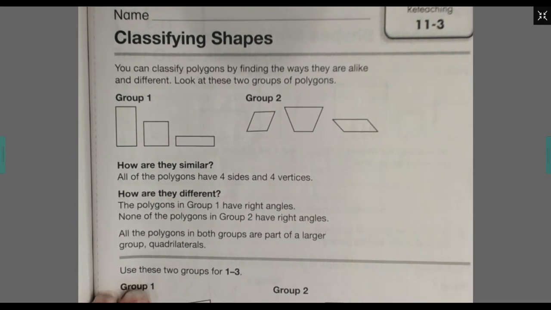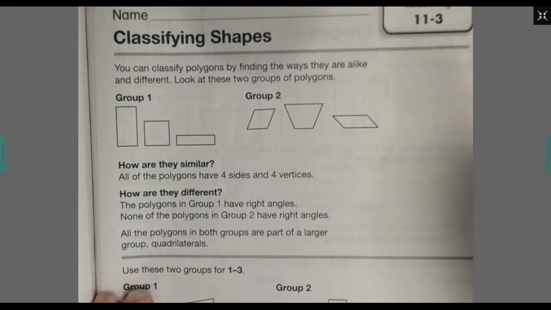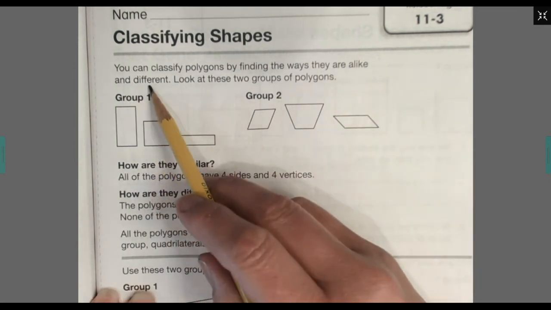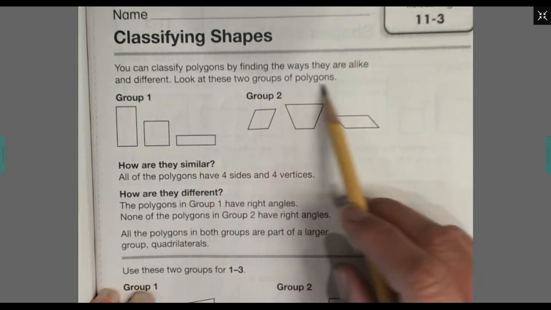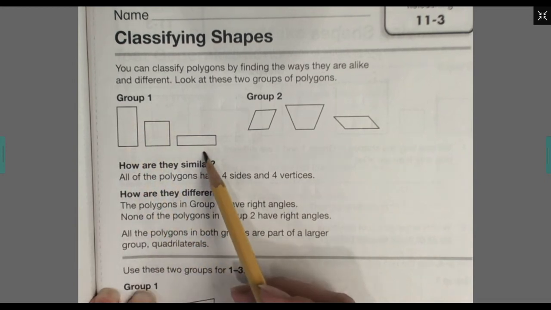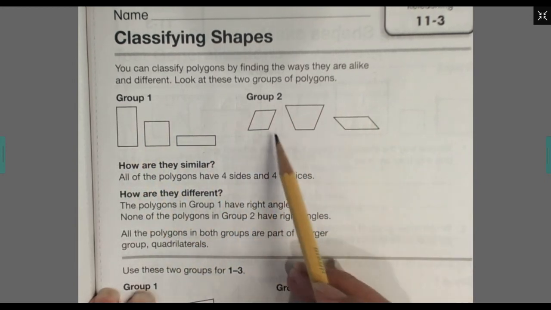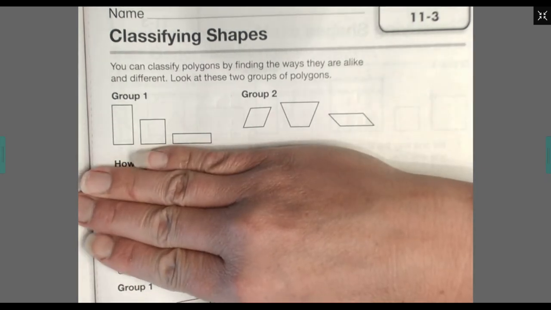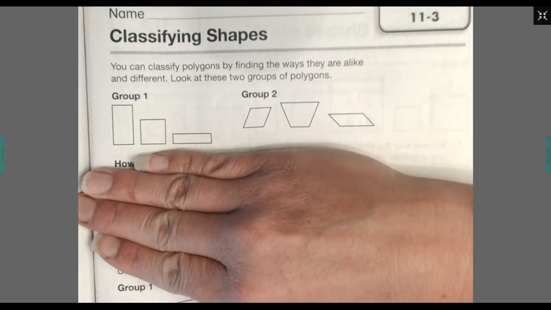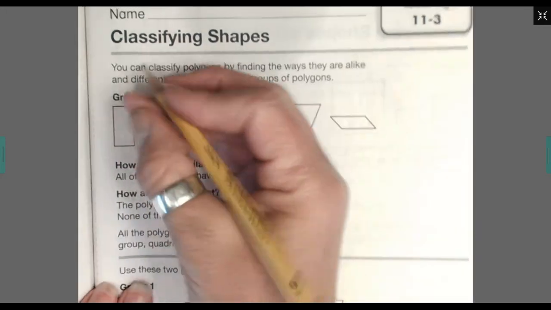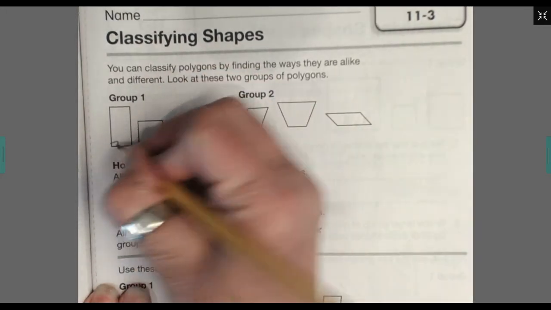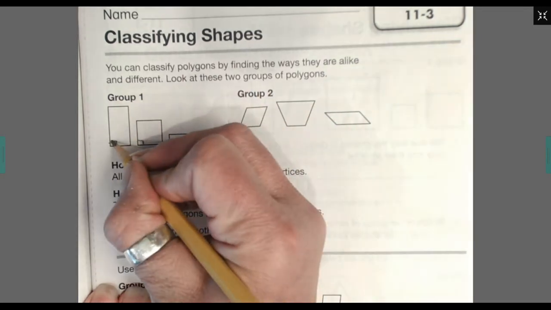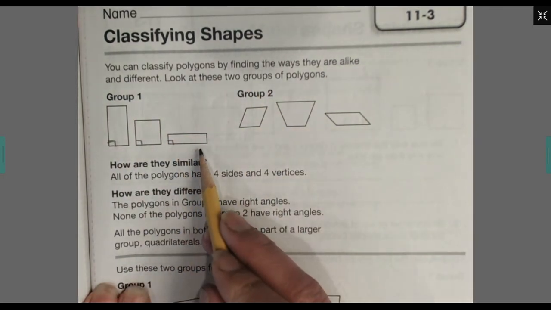Classifying shapes. You can classify polygons by finding the ways they are alike and different. Look at these two groups of polygons. Here's the first group, and here's the second group. Cover that up. What are you noticing about the first group versus the second group? Too bad you can't tell me. I miss you guys. Hopefully you noticed that in the first group, they all have 90-degree angles.